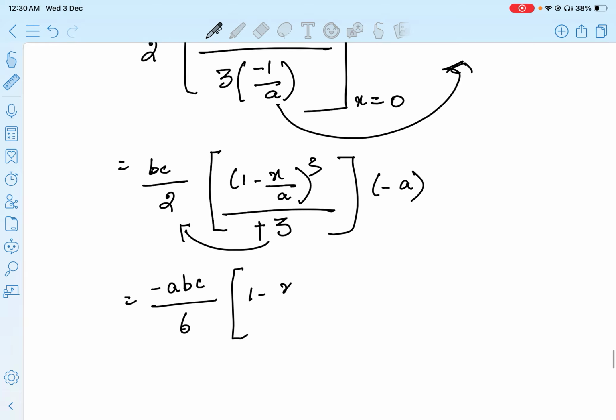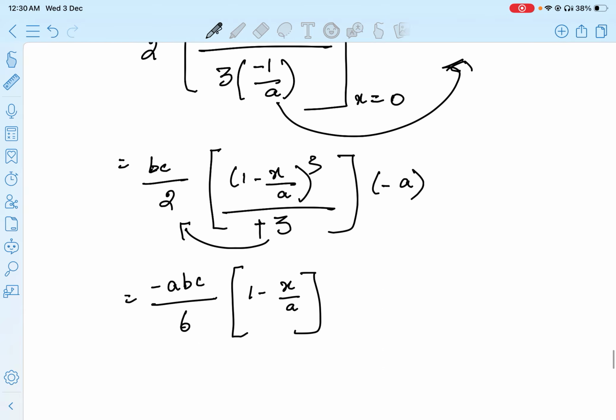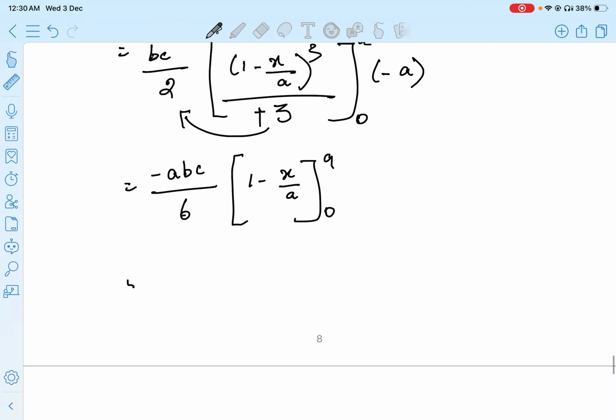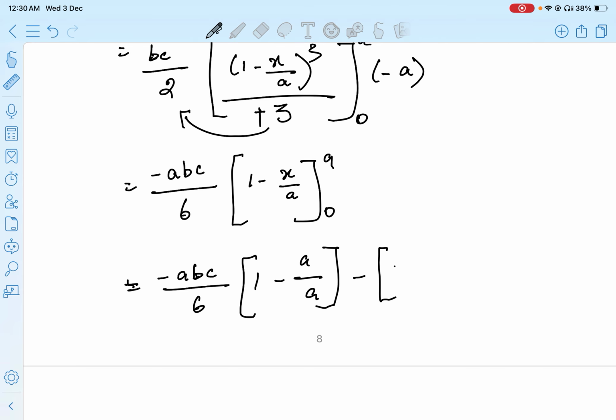Minus a. Where is the value? A to 0. So minus abc by 6 into 1 minus a by a. The lower limit will become 0.